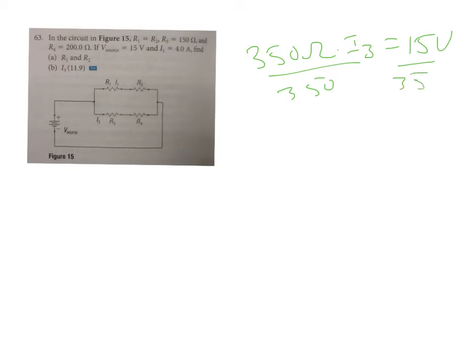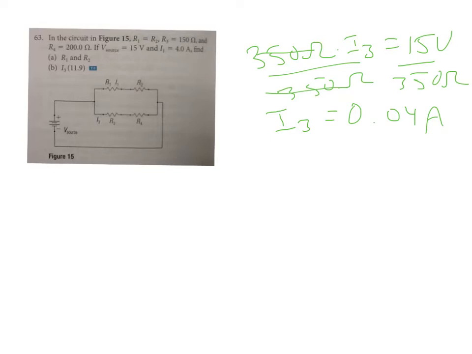So solving for that last line, I had 350 ohms times I3 equals 15 volts. If I divide both sides by 350, the ohms cancel out, and I3 is equal to 0.04 amps.